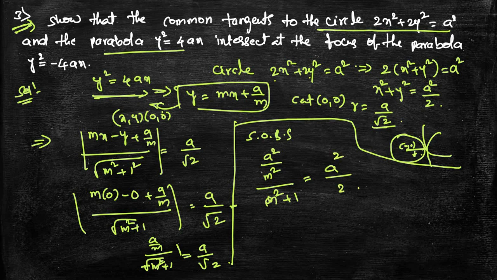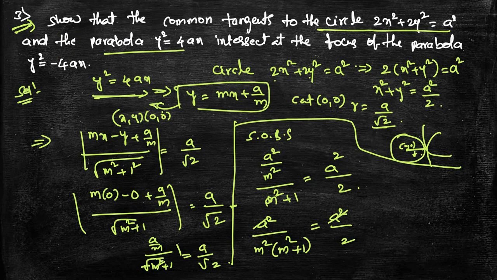So this is a square divided by m square into m square plus 1, is equal to a square divided by 2. The a squares get cancelled, and what remains is 1 by m square into m square plus 1 is equal to 1 by 2.